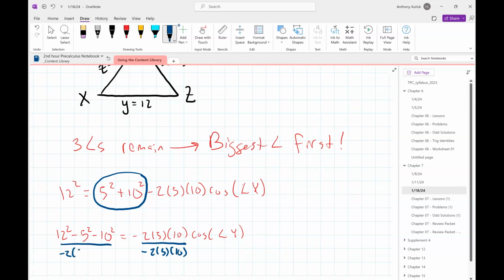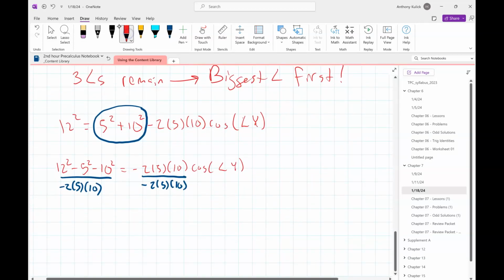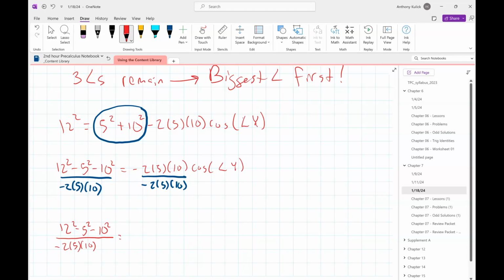How do I know that I'm supposed to subtract those first things and then divide this thing? What operation is going on between the 5 and the 10 that I've circled in blue up above? Addition. So to undo that, I have to subtract.